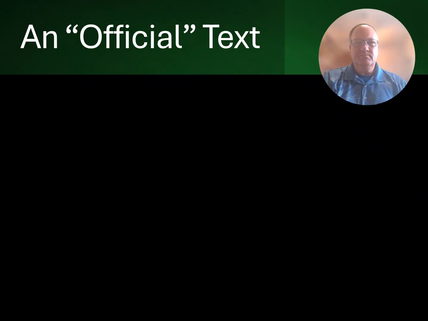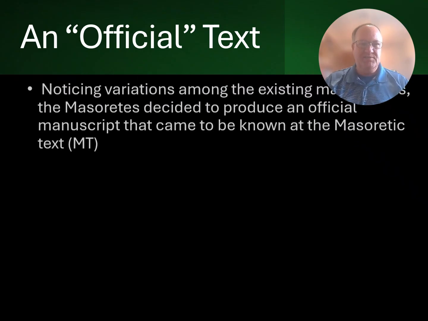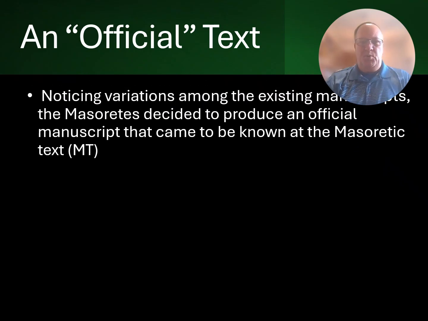So let's talk a little bit about, and I put this in quotes, the official text of the Masoretes. So at some point in this span of time, 500 to 1000 AD, the Masoretes noticed variations among the existing manuscripts. And so they decide to produce what is going to become the official manuscript.